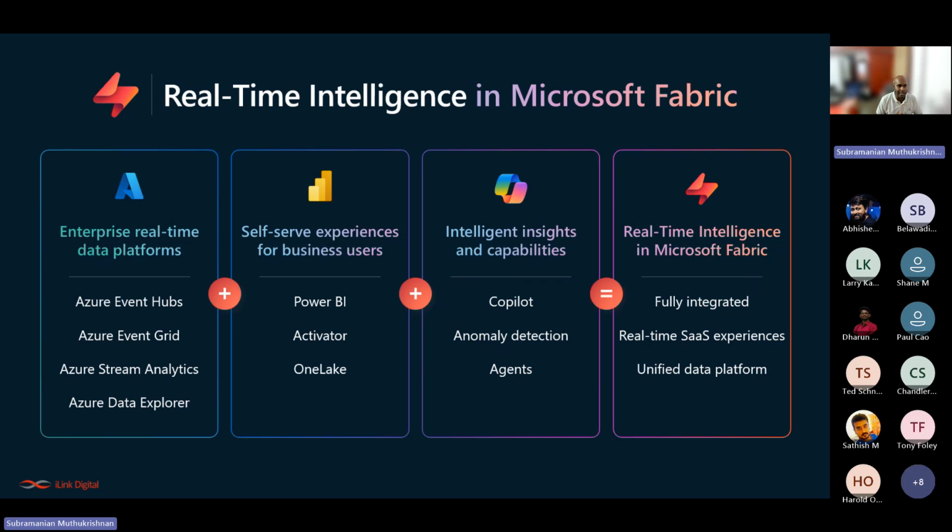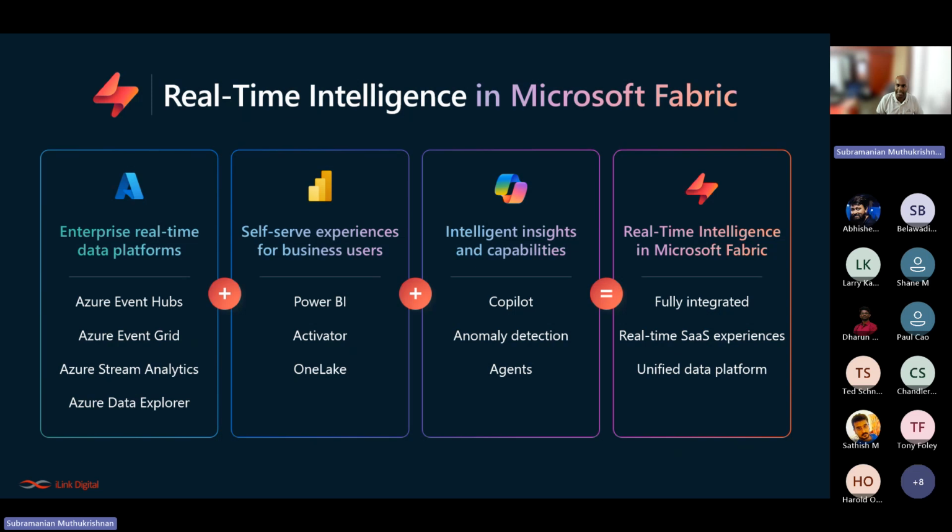First, the enterprise real-time data platforms: the different Azure services such as Event Hubs, Event Grid, Stream Analytics, or even open source solutions like Kafka or Confluent, or SaaS platforms that handle massive amounts of streaming data and also event-driven data. That's on one side. The second is the self-serve experience using Power BI, Activator, and also OneLake, so that business teams don't need to be data scientists or learn Python or R to get insights.